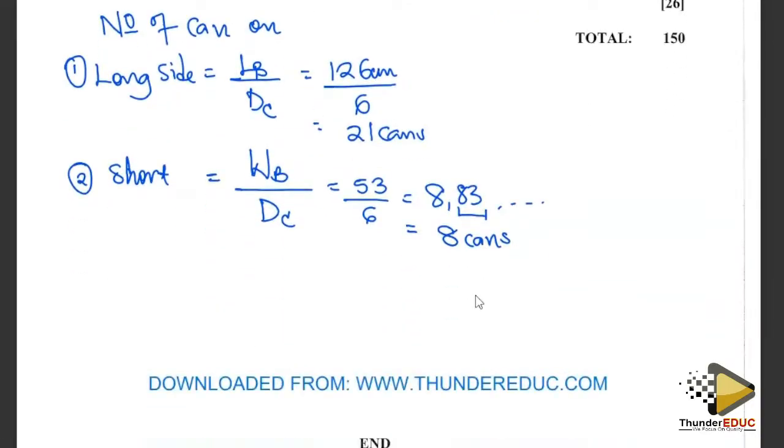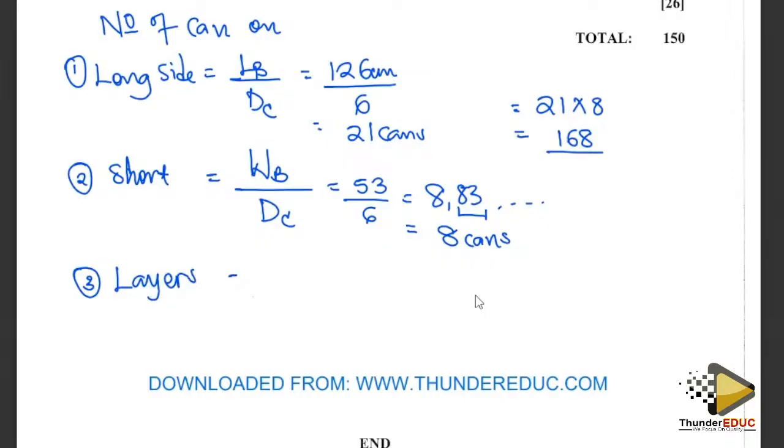So what about the layer wise? Because the first layer has 21 times 8, which is approximately 168. So what about if you have to pack them on each other? How many cans will there be? So we are looking at number 3. How many layers are we going to have?